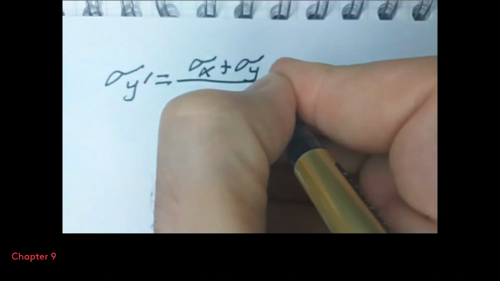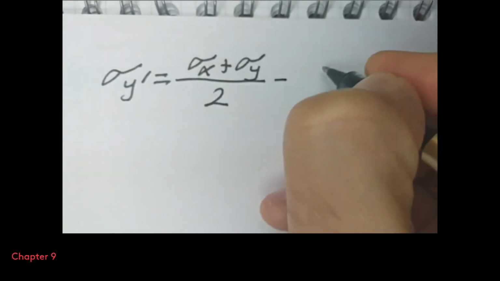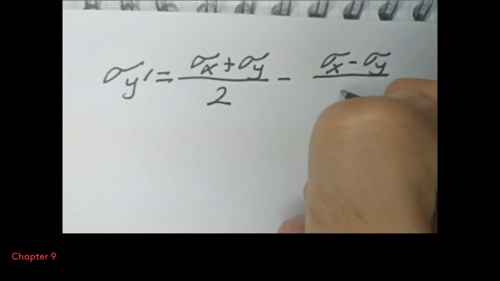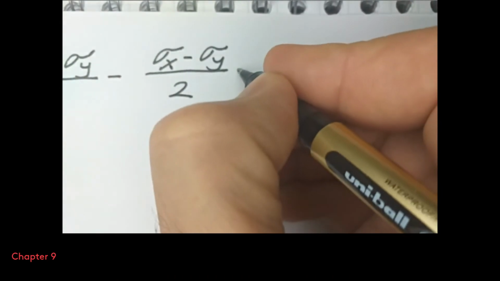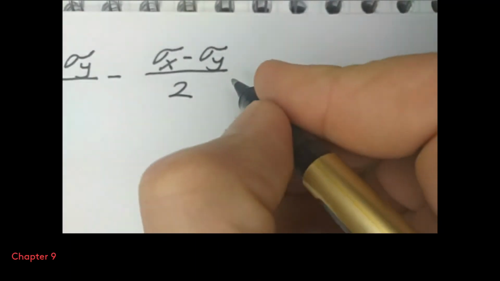sigma y prime is equal to, so we just write the static equilibrium in y prime direction. Sigma y prime is equal to sigma x plus sigma y divided by 2 minus sigma x minus sigma y divided by 2 multiplied by cosine 2 theta minus tau xy sine 2 theta.